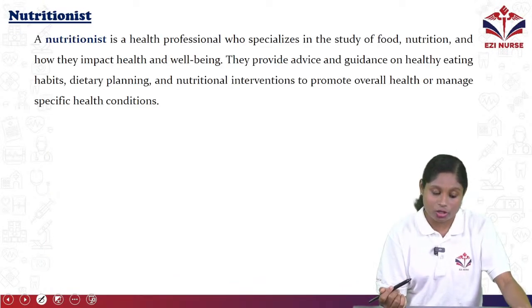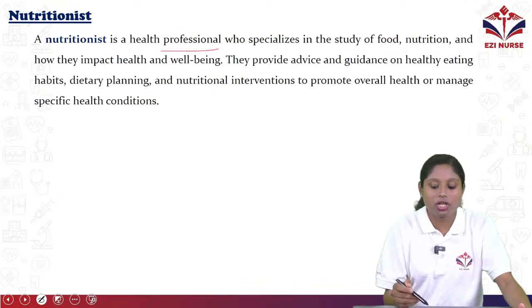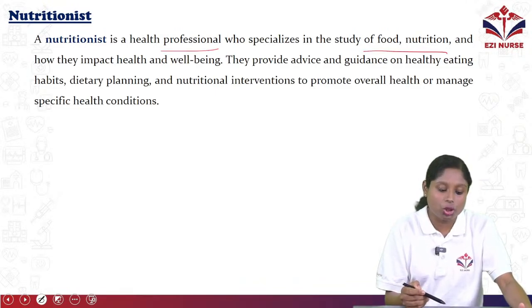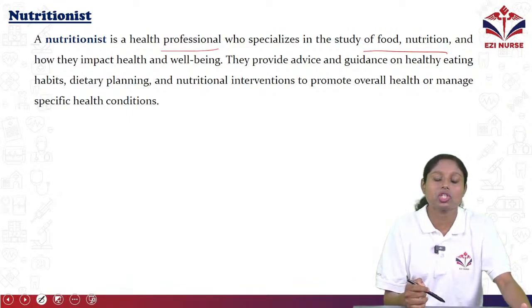Now, what is a nutritionist? A nutritionist is a healthcare professional who specializes in the study of food, nutrition, and how they impact health and well-being. He or she studies the nutrients as well as their impact on the health of an individual.